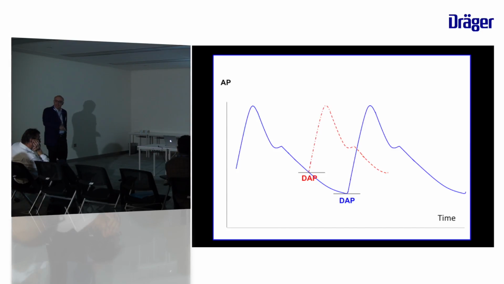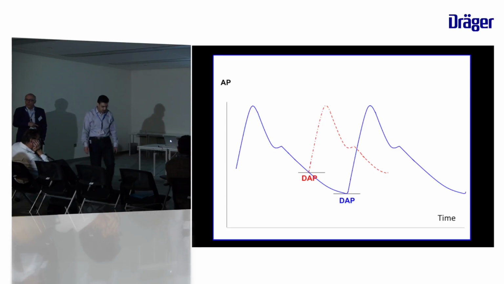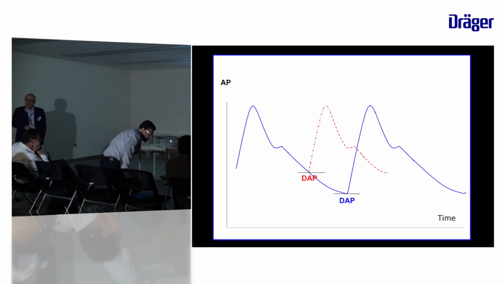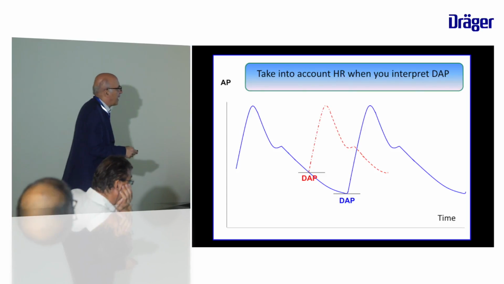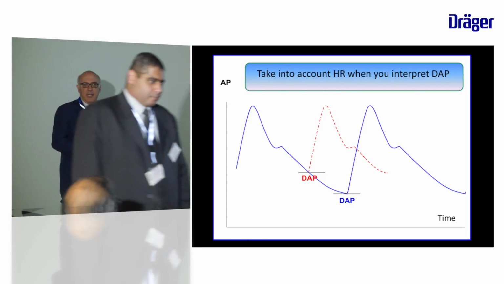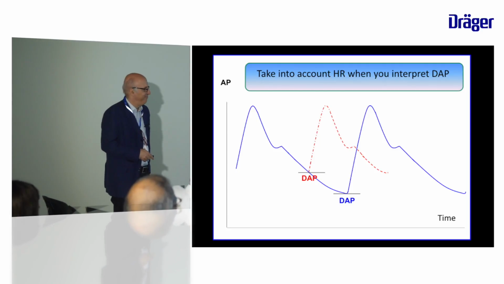So if you have decreased diastolic pressure with increased heart rate, you would expect depressed peripheral tone. So take into account heart rate when you interpret the diastolic arterial pressure. Very simple.